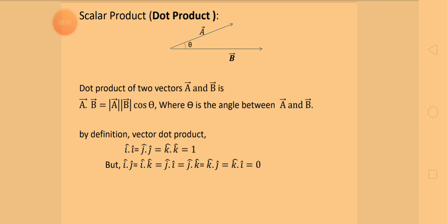Why is it 1? Because the angle between these two vectors is 0.